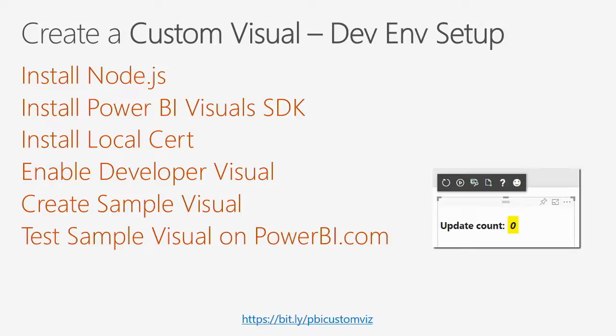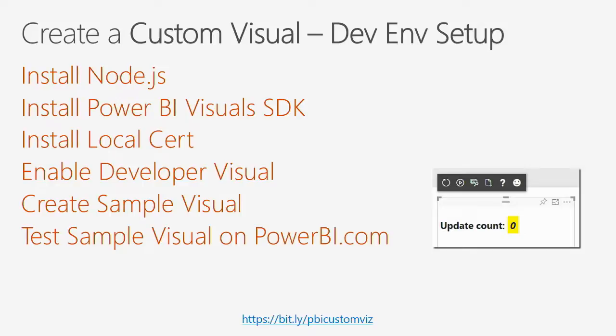So the question was, port 8080, how does Power BI know to call port 8080? Basically, that development visual is coded to look at localhost 8080. And you install a cert because Power BI is served over HTTPS, so that you can hit localhost over TLS.